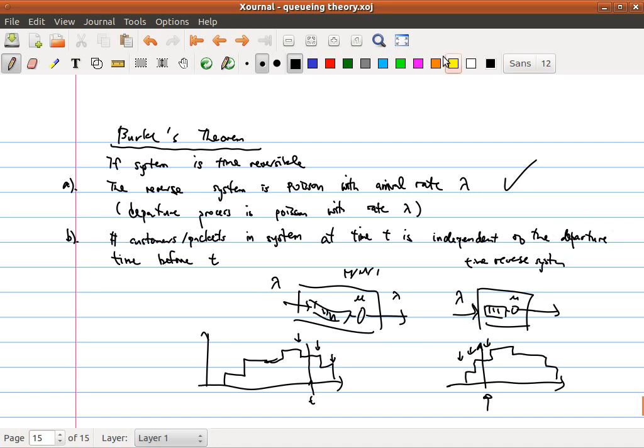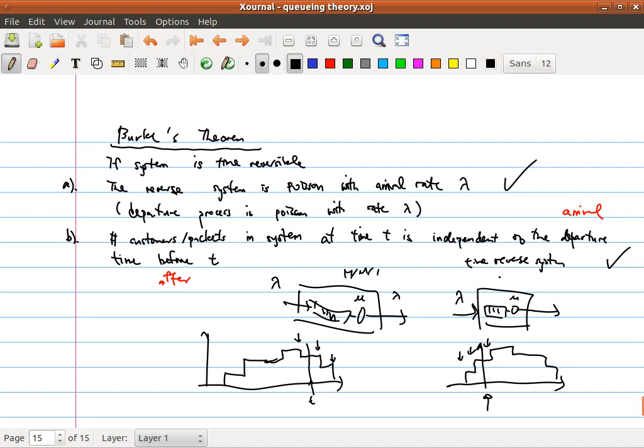So maybe I should just write in red here. For the time reverse system, they will become arrival times after t. And of course, we expect the number of packets in the system at time t will be independent of the arrival times after t. So therefore, this statement will be true also.